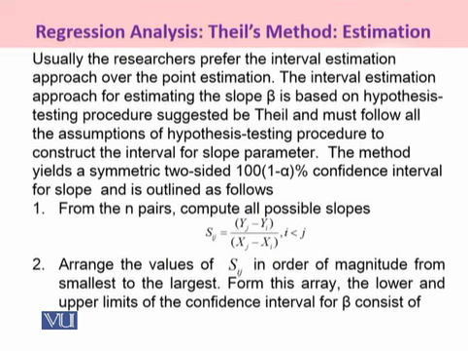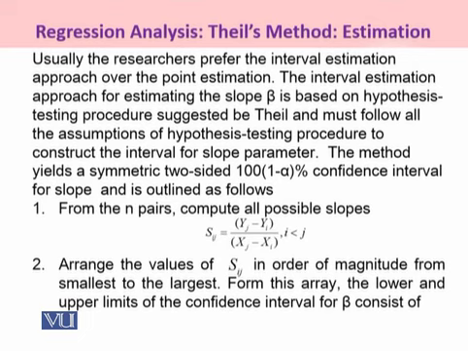Now we'll make use of this point estimate to calculate the interval estimation for the slope parameter. So students, why do we prefer interval estimation over point estimation? Because most researchers assume that with interval estimation you have a greater margin of actually capturing the required parameter compared to point estimation.